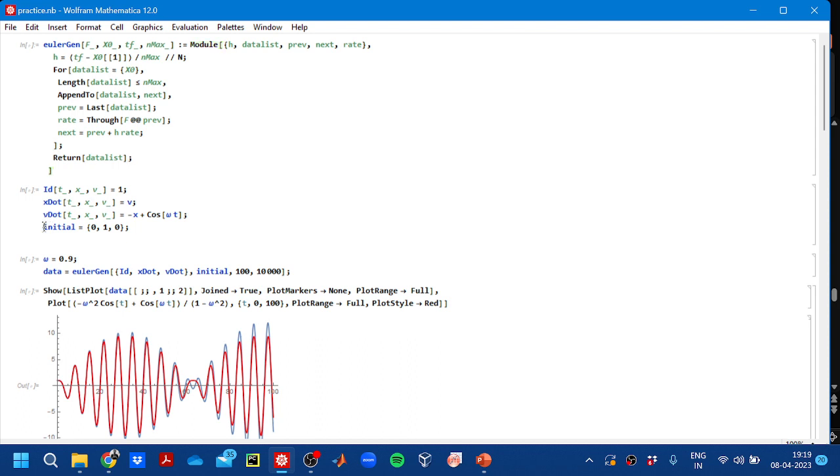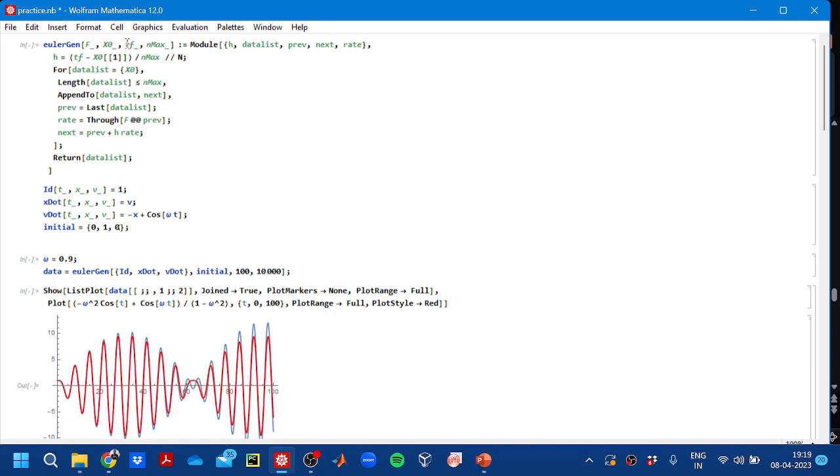Here you can see the initial condition that we are treating. The first row is time, so we are treating the initial conditions at time equal to 0, and this is our position at time equal to 0, and this 0 is our velocity at time equal to 0. You can put different initial conditions and play around with it.